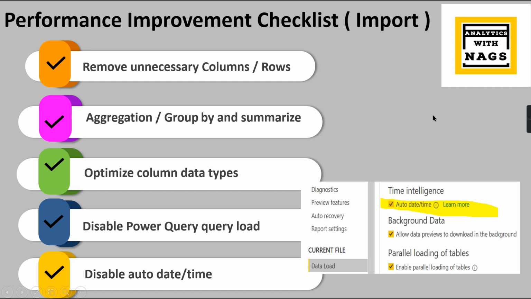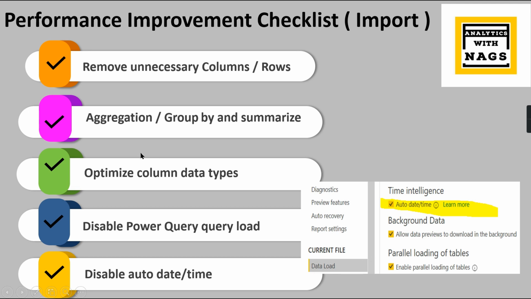For each date column it creates its own table, right? So it will take huge storage. So once you disable it and create a date dimension as we have seen in the previous step, you can link it to the respective date columns in your fact. That is how you can improve the performance.